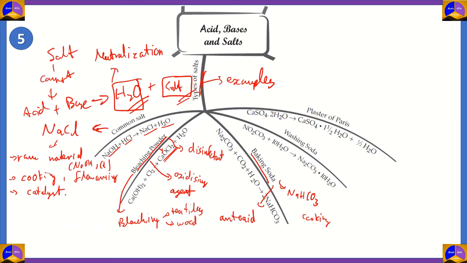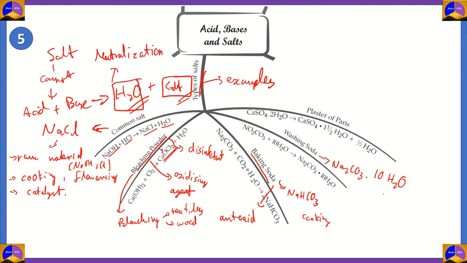Now, washing soda is another important compound. This is basically Na2CO3.10H2O, and it is formed when sodium carbonate gets mixed with 10 molecules of water. So basically, washing soda is hydrated sodium carbonate, and it is a very important compound.